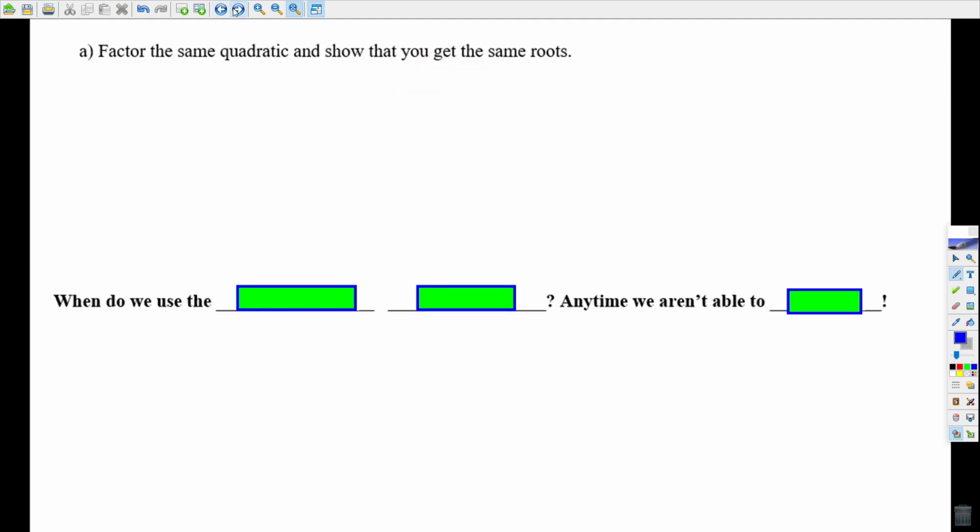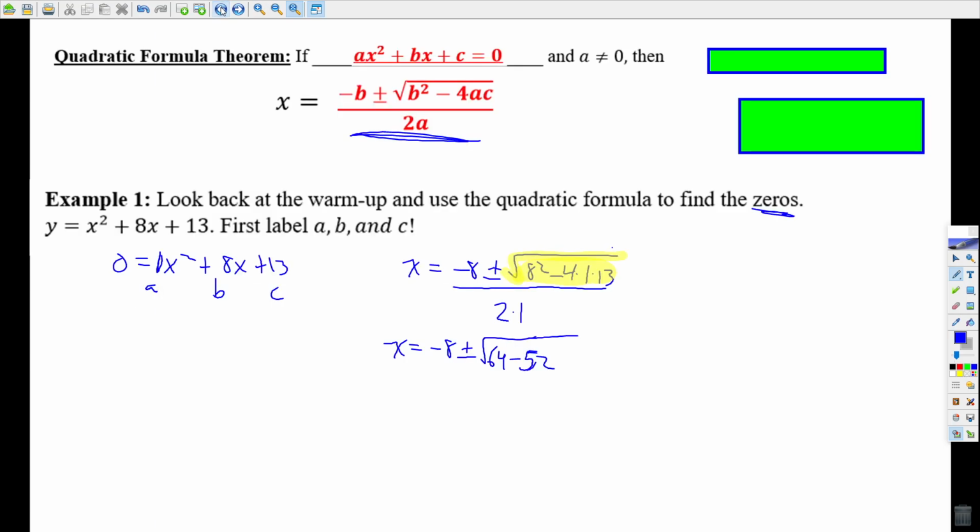So we have x equals negative 8 plus or minus the square root of 12, all over 2.